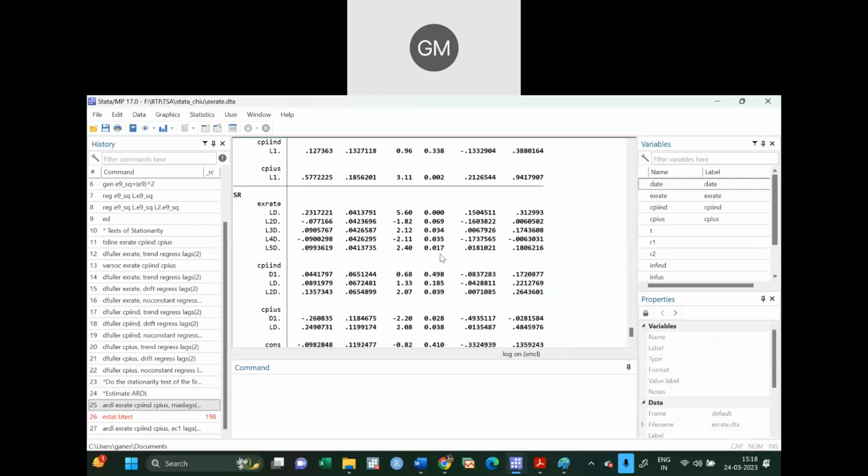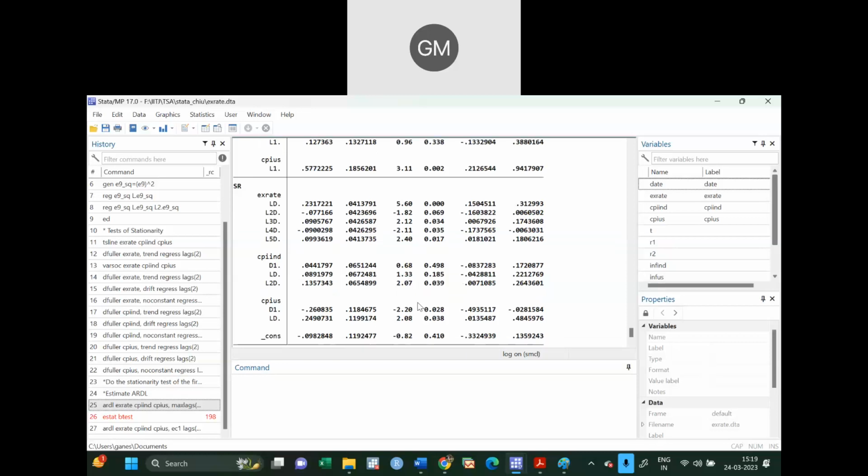In broad terms, all of them are significant. For the consumer price index, the first difference is not really important, and the first lag difference is not significant. The second lag difference is going to be important.